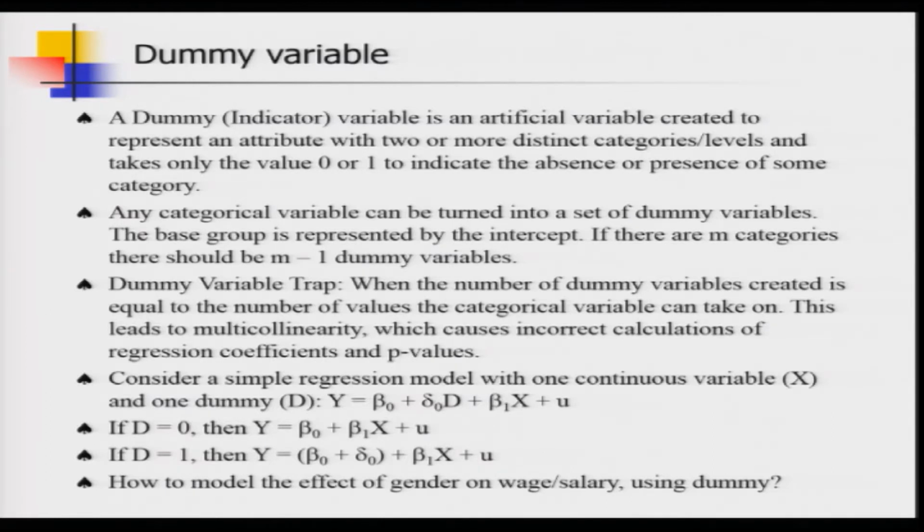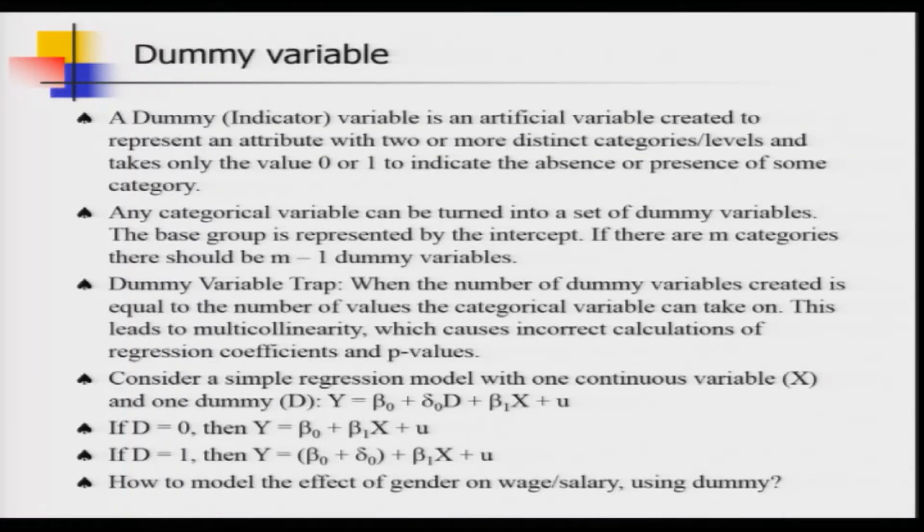Why is it a bad thing? If you violate the rule I stated in the second bullet point, that leads to multicollinearity, because one dummy variable can be expressed as a linear combination of the other dummy variables.